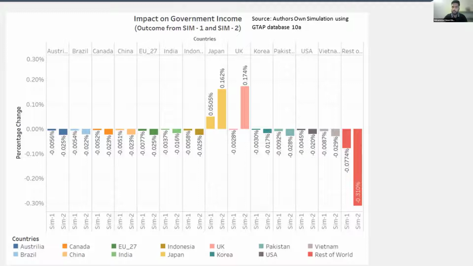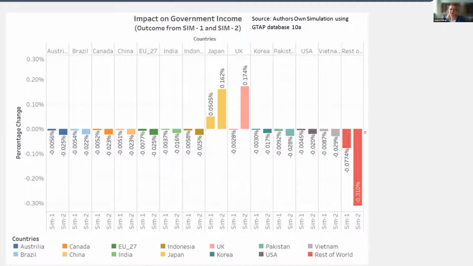As the commodities are exported to or imported from other countries, the Japanese government income does increase. Whereas if we look into UK, it declines, because in the productivity graph, the productivity does not have that much difference or gains from simulation 1, whereas simulation 2 has big gains. Okay, thanks.